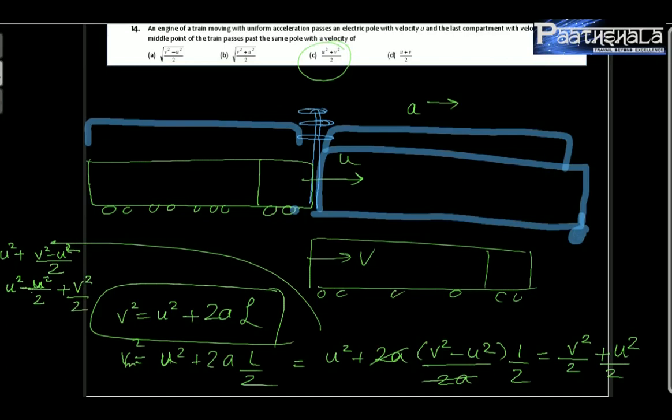U square minus U square by 2 is what? U square by 2, plus V square by 2, is equal to U square plus V square by 2. Okay, yeah. Shall I move on? Yes.